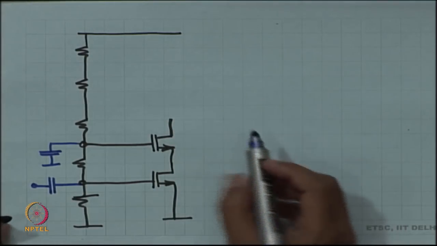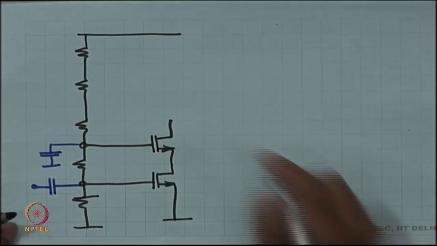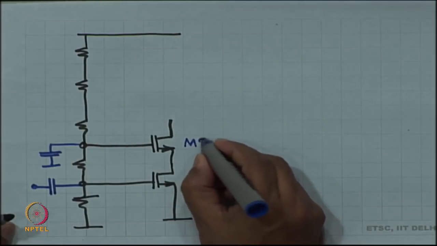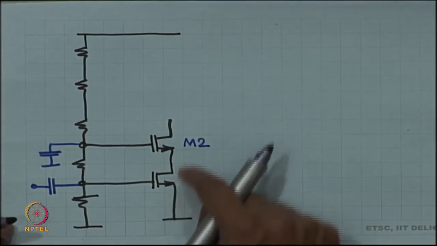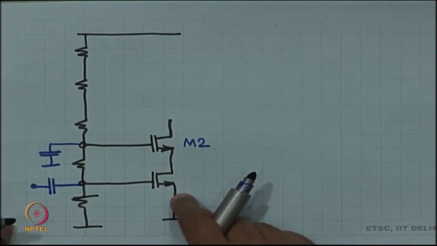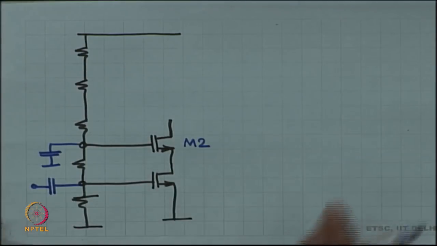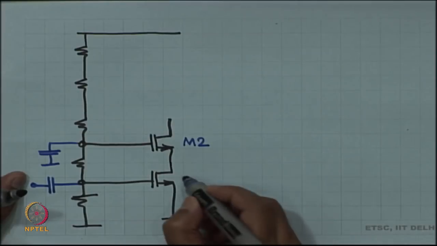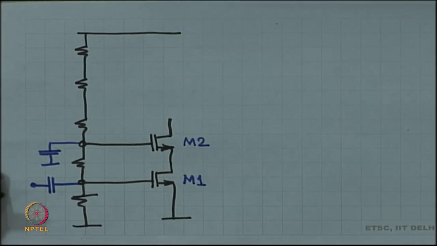So, the effective impedance looking in from the top is RDS2 plus RDS1 plus RDS2 times (GM2 plus GMB2) times RDS1. Okay, it is GM2 plus GMB2, right. So, change that. All right. So, this is the effective output impedance, and this happens to be a large quantity.